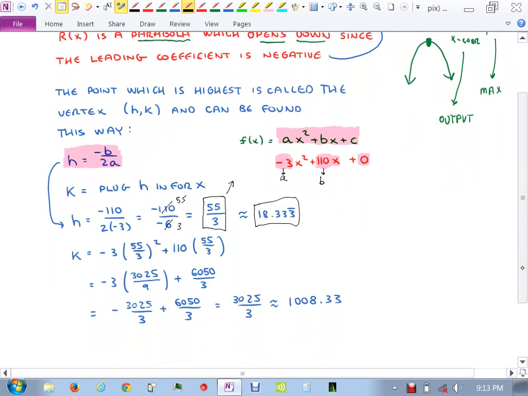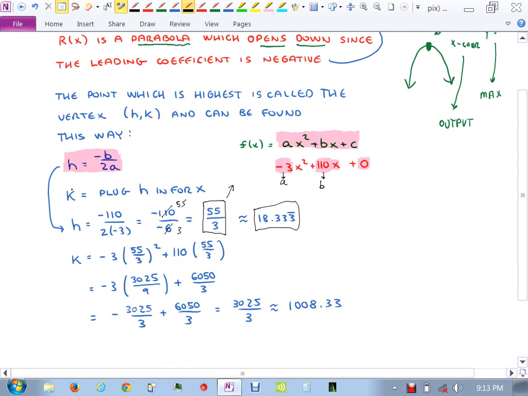Now, to get the k, which is the maximum output, all we have to do is take the answer we just got, h, and plug it back into our function. So we're going to take our 55 over 3 and plug it into the function for x. Remember, I've got negative 3 times x squared, plus 110 times x.